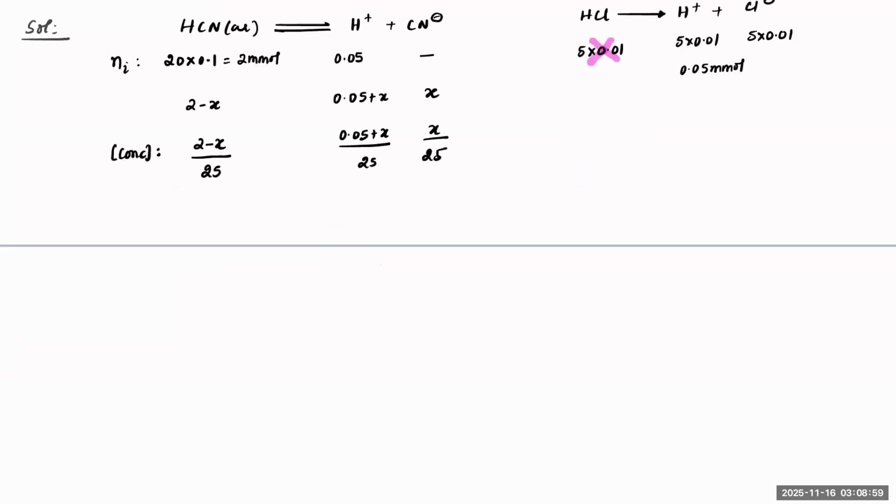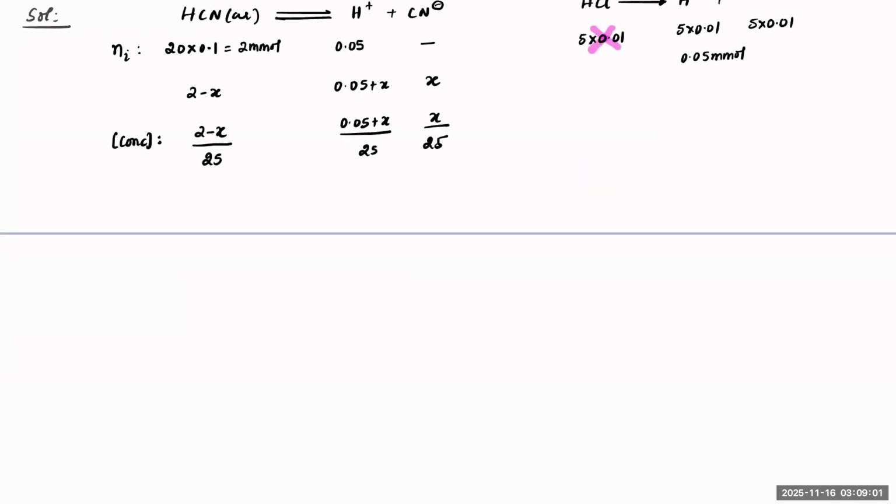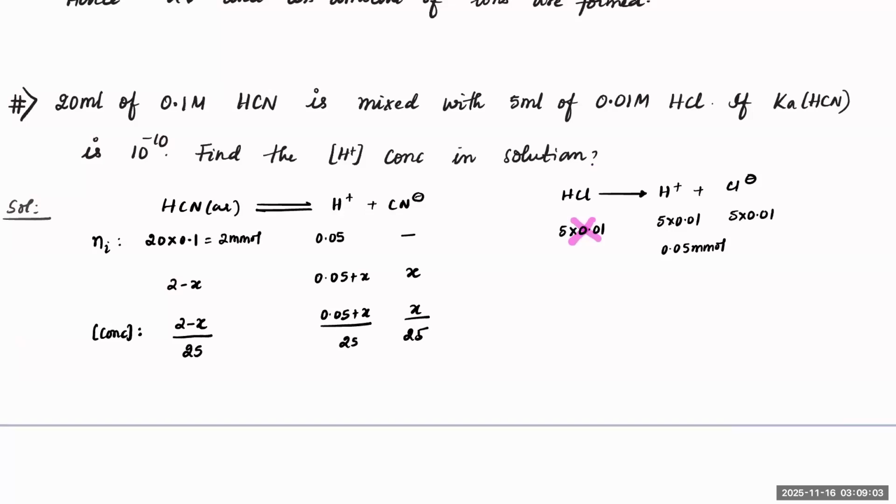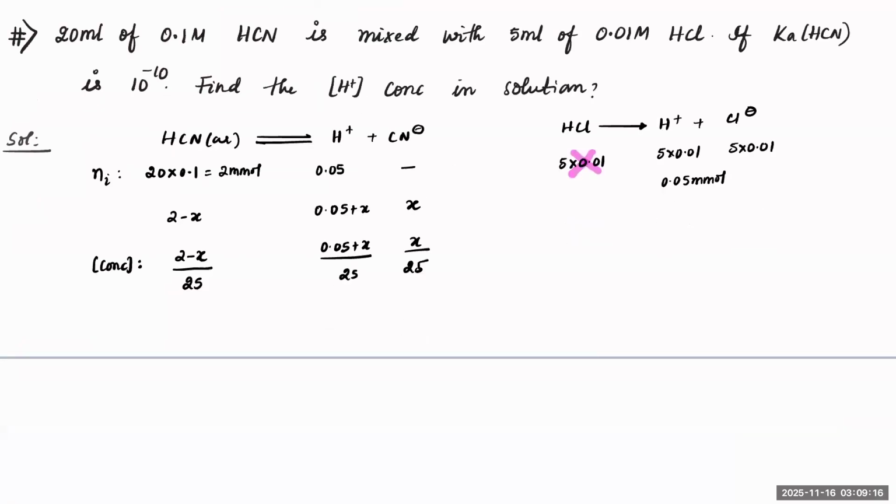Correct. Now, before writing any further, there are two important things you can see. First of all, Ka is a very, very small value. That is the first thing you need to understand. Second, if you notice the H plus ion concentration, that means you can remove this X here.